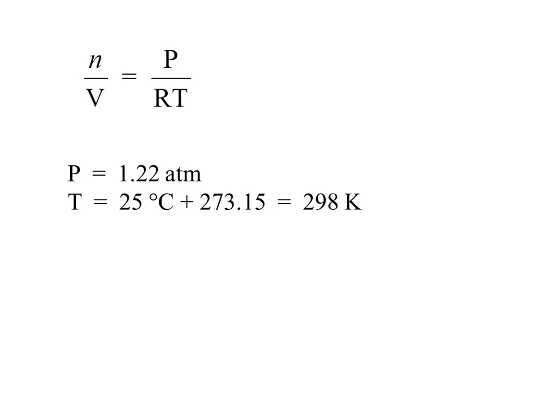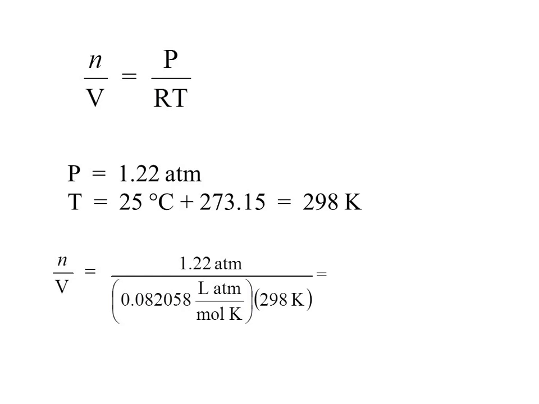So, restating the pressure of 1.22 atmospheres, that's good to go. The temperature, we need to add 273 to get 298 Kelvin. So plugging in and making sure we have our units as they should be, let's take a look at how things cancel. In the numerator, we had 1.22 atmospheres. Atmospheres in the numerator will cancel with the atmospheres in the ideal gas law constant in the denominator.